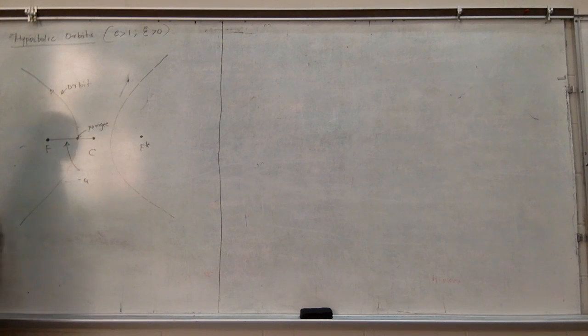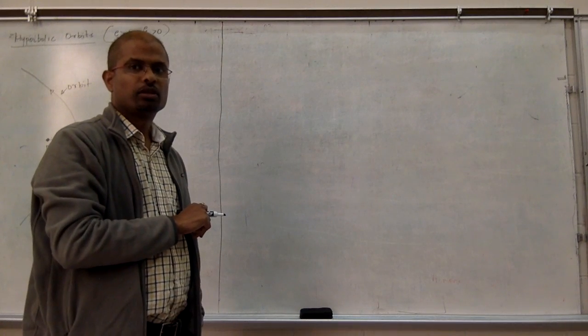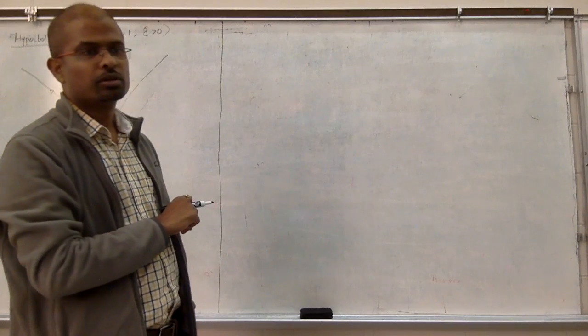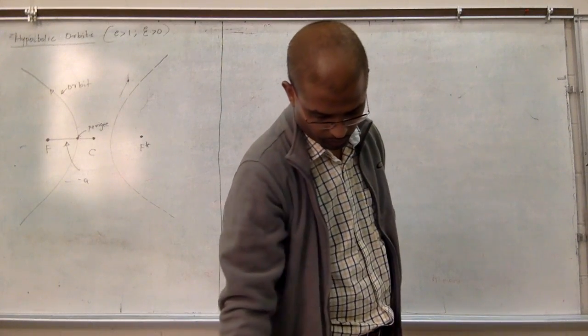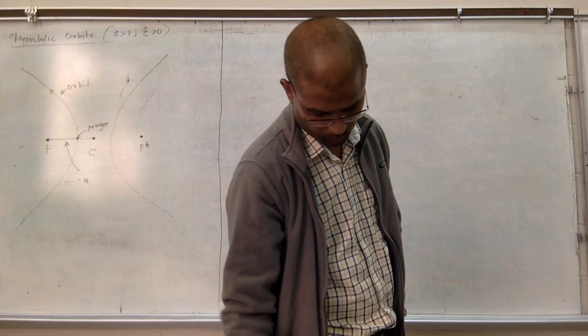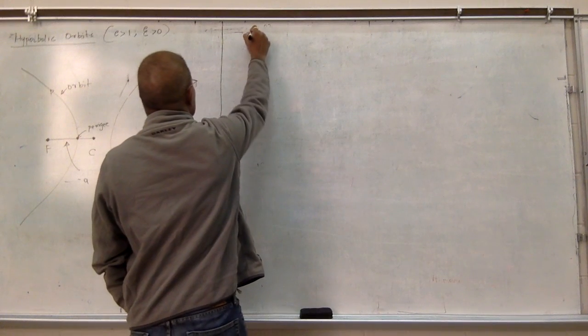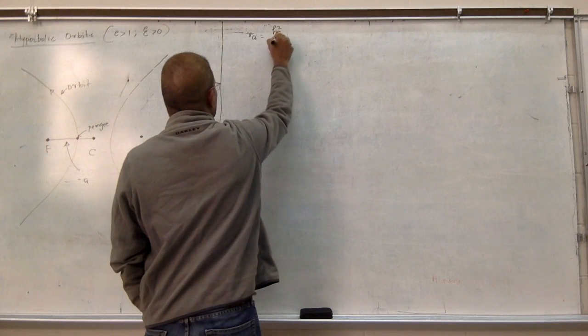And for hyperbolic orbits, the eccentricity is greater than 1 and the energy is greater than 0. So here these relationships still hold good. RA is equal to b square over mu.